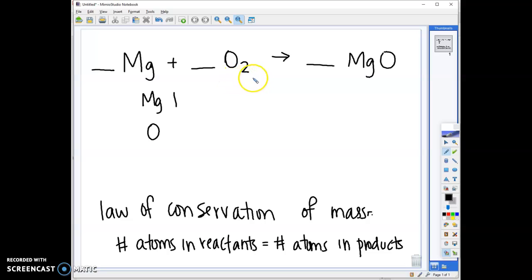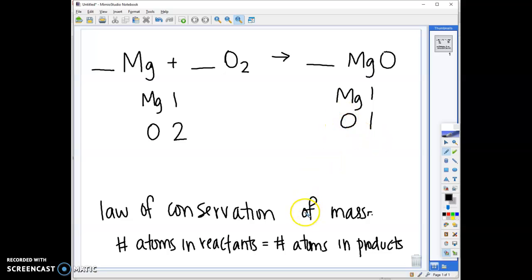Oxygen has a subscript of 2, so I have 2 oxygens. Okay, and I'm going to come over here and do the same thing, and I'm going to keep these in the same order on both sides. Regardless of what order they're in up here, these happen to be in the same order, but sometimes they won't be. But I'm going to keep them in the same order so I can just compare across. Because I have no subscripts here, that means I have 1 magnesium and 1 oxygen.